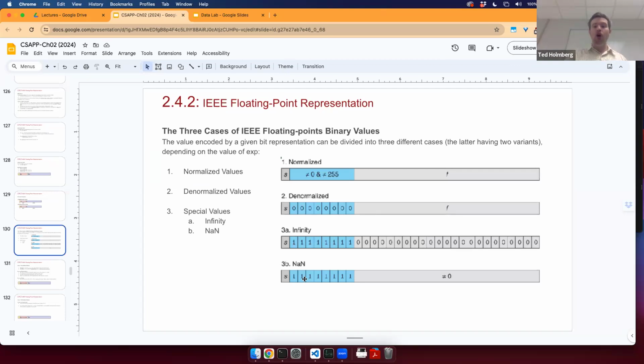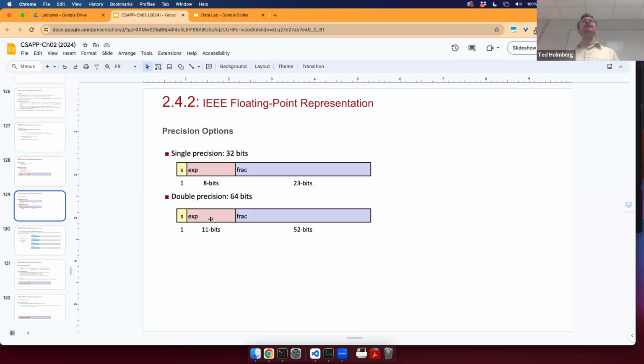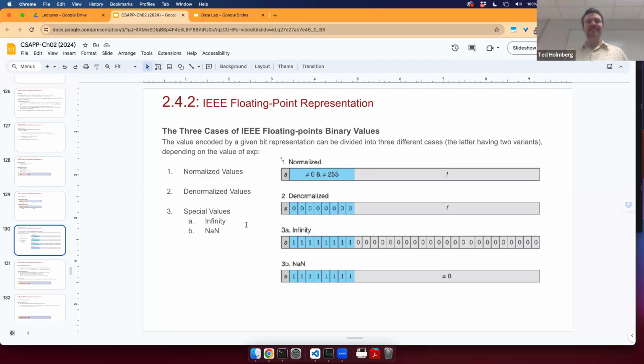So notice if it's all ones in this binary sequence, then that doesn't make a valid numeric representation. In those instances, our system would translate that as either an infinity value or a not-a-number value. So your exponent field here has to have at least a 0 value somewhere in there, right? It can't be all ones.